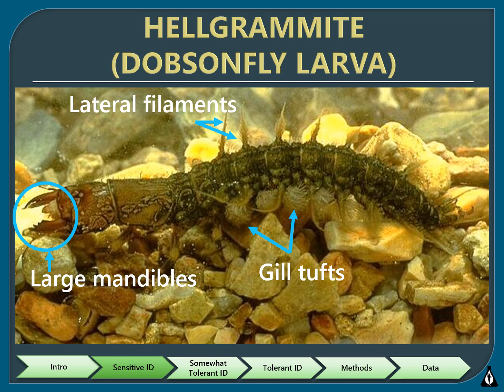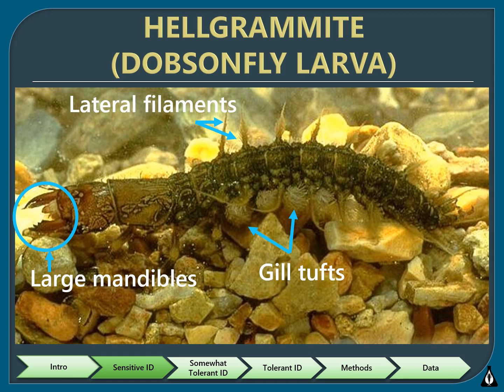HELLGRAMMITES, the larval stage of the DOBSONFLY, are the largest invertebrates, which can be 4 inches in length. These can have a 2 to 3 year larval period, so if you find a large HELLGRAMMITE, it can be an indication that no major pollution events have occurred in your stream for a long time.